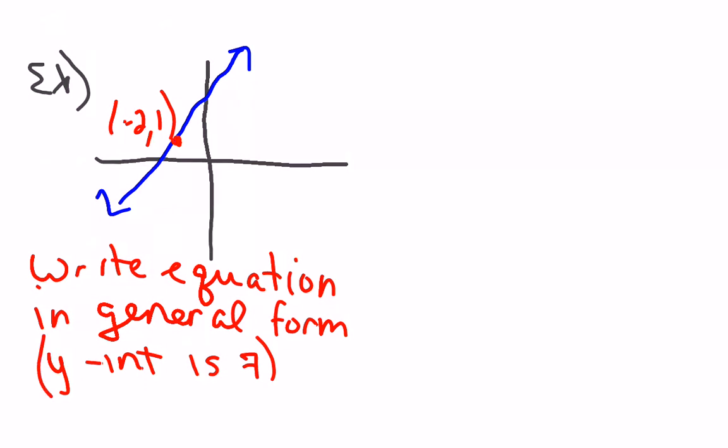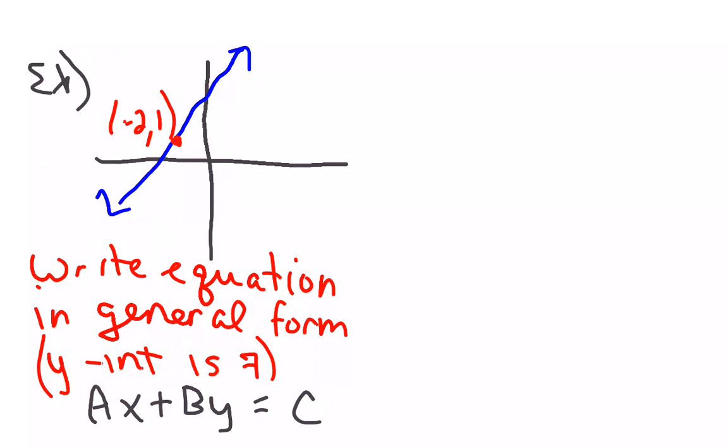Okay, so a couple things here. This one's different. It says general form. General form is in the format of ax plus by equals c. So we have our x and y term on the left side, and then the constant by itself on the right. Okay, so how do we do that? Well, we know a couple things.